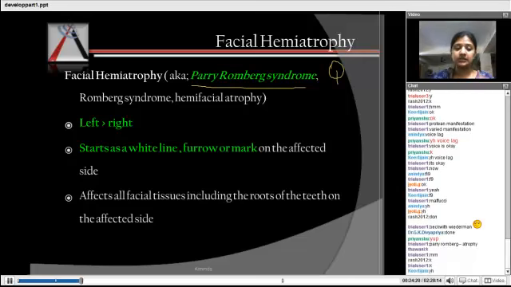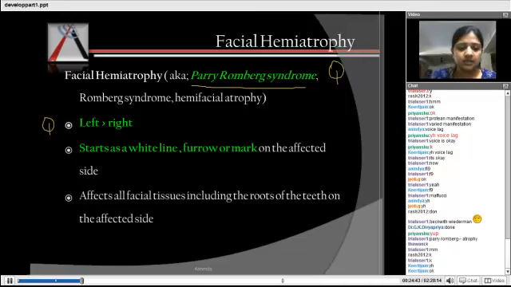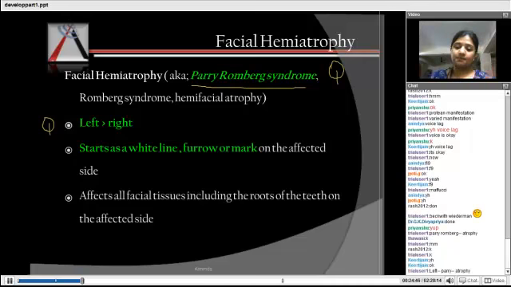Here the incidence on the left side is greater than the right side of the face, which is again an MCQ, and it could be an important diagnostic feature. You could have MCQs based on a patient who has the left side of the face more atrophic than the right side, and what is it indicative of? You can have MCQs like that. Compare with facial hemihypertrophy, which had an equal incidence on the left and the right.